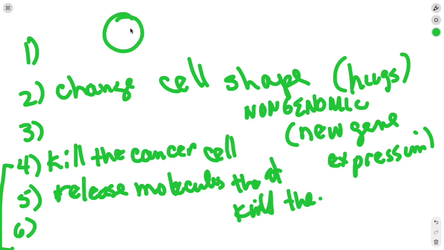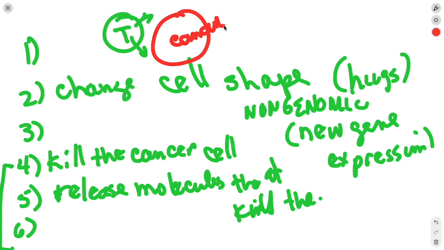So if we drew it, here's the T cell, and it's going to release molecules like that. They're going to bind to that cancer cell and poke holes in its membrane, and then the granzymes that Eva mentioned are going to get inside the cancer cell and lead directly to its death.